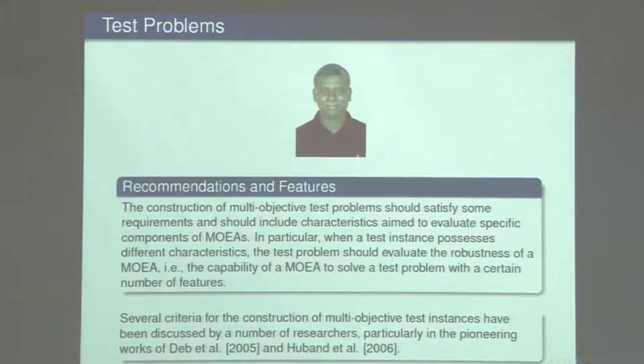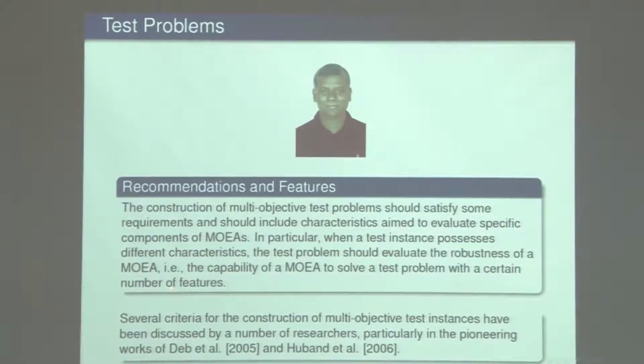Some recommendations, well, the construction of multi-objective test problems should satisfy certain requirements related to some features, some characteristics we would like to see in those test suites. And what we really want is that a test problem evaluates somehow the robustness of a multi-objective evolutionary algorithm.